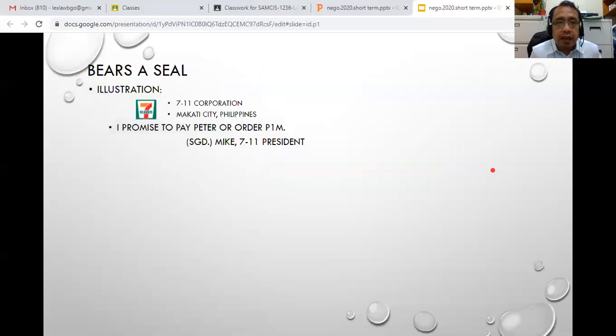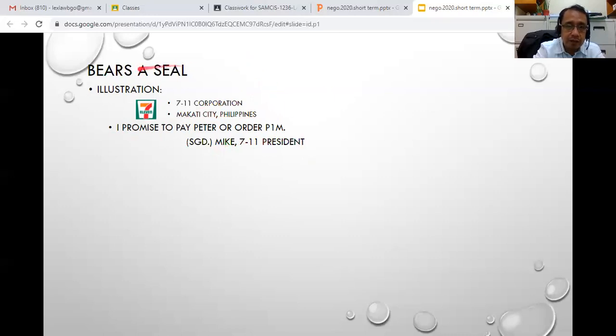Going on further, there's a seal. So even if the instrument has, ang tawag nyo dito? Hindi to seal. This is what we call, basta, yung tawag dyan, nakalimutan ko. Yung 7-Eleven, ito yung letterhead ng 7-Eleven. So, letterhead ng 7-Eleven, 7-Eleven Corporation, Makati City, Philippines, I promise to pay Peter or order 1 million pesos, signed Mike, 7-Eleven President.